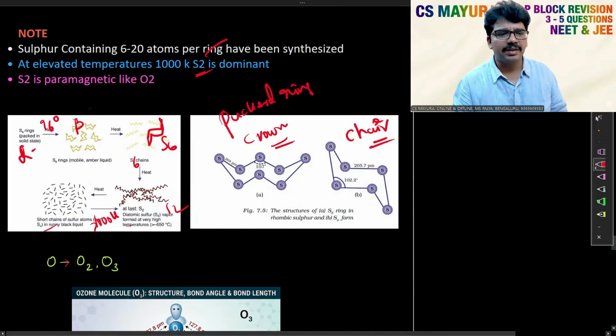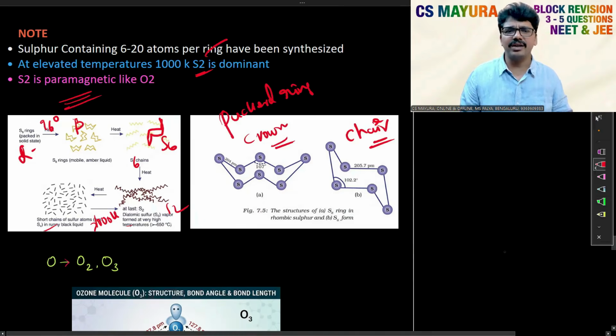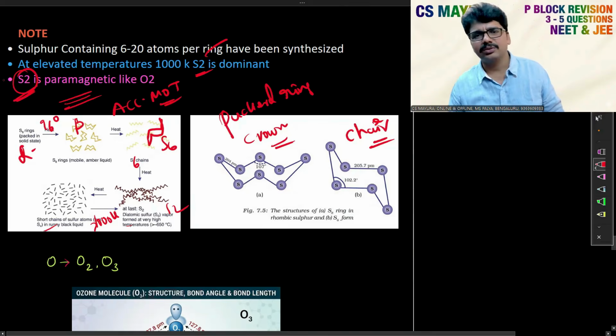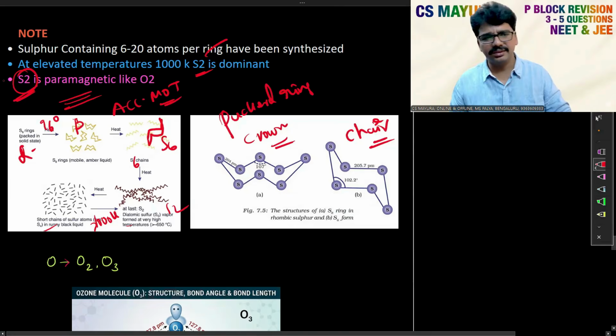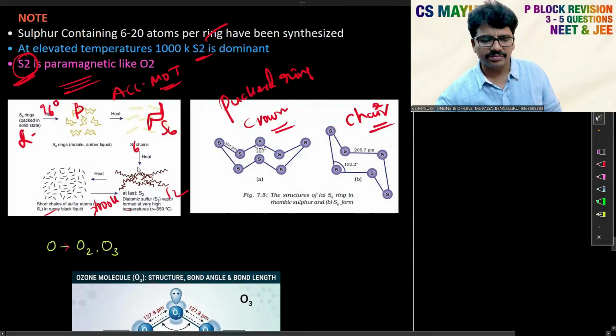This S2 is paramagnetic in nature. So how do you say paramagnetic nature? By comparing with oxygen. According to molecular orbital theory, MOT, oxygen is paramagnetic in nature. So same as O2, S2 is also taken as paramagnetic in nature. Right? These are the details about allotropic forms of sulfur.